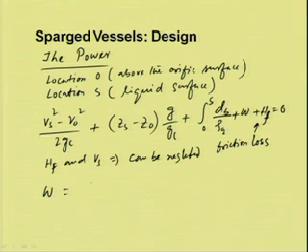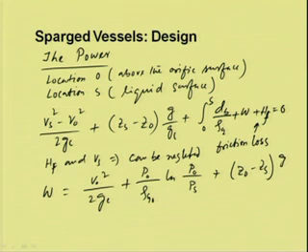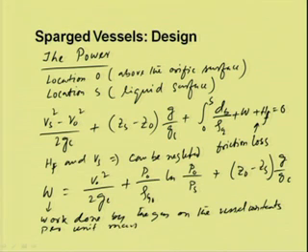In that case, W will be V0 square by 2 Gc plus P0 by rho g0 ln P0 by Ps plus Z0 minus Zs G by Gc, and W is the work done by the gas on the vessel contents per unit mass of gas.